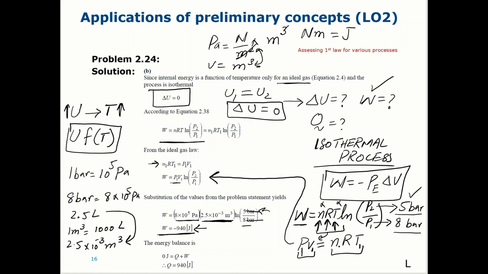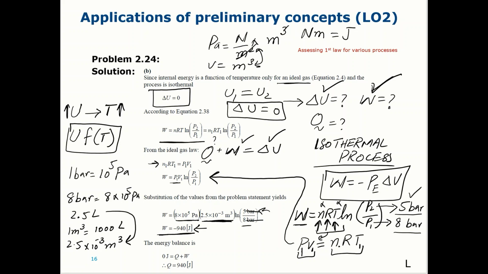Now, you know work done, which is this, you know delta U. And ideal gas law got total 3 terms. So you know this, you know this. Can you calculate this? Which is just basic mathematics, right?